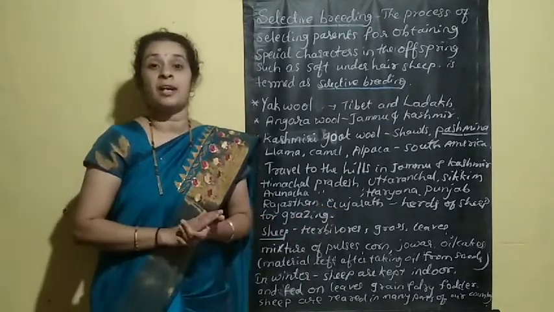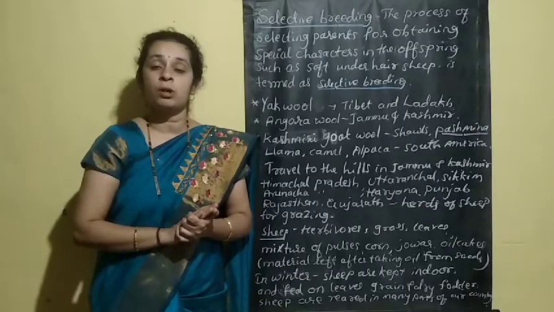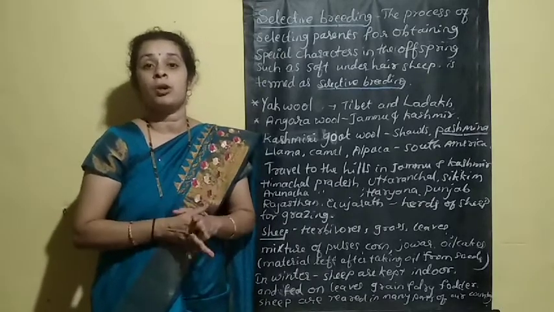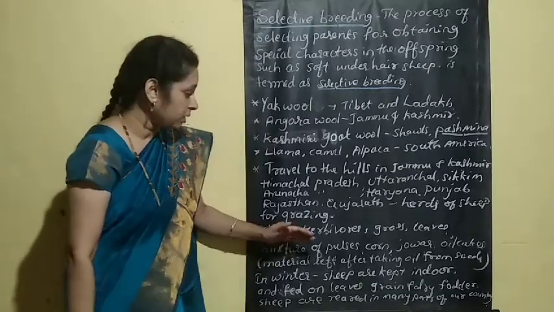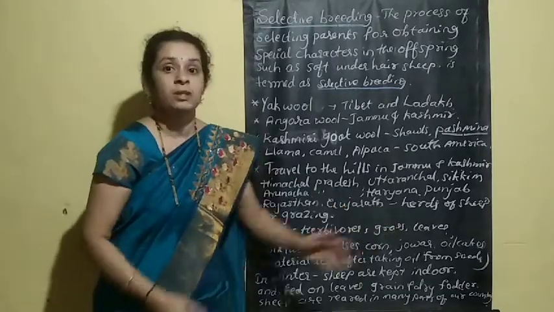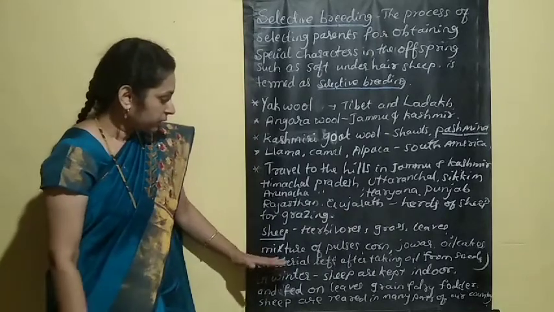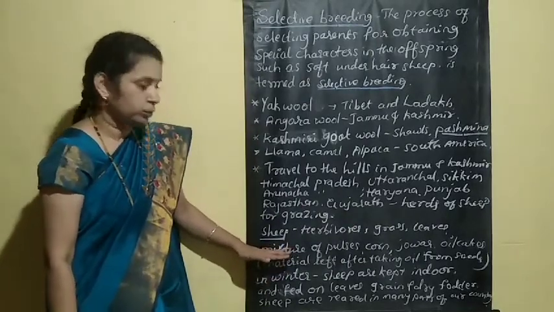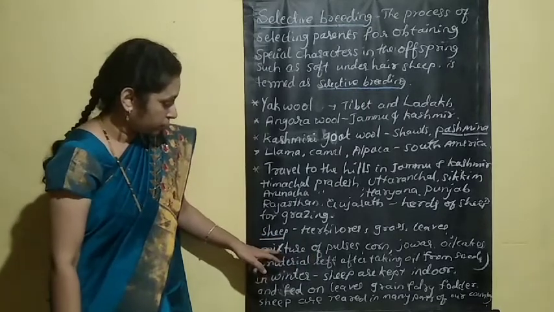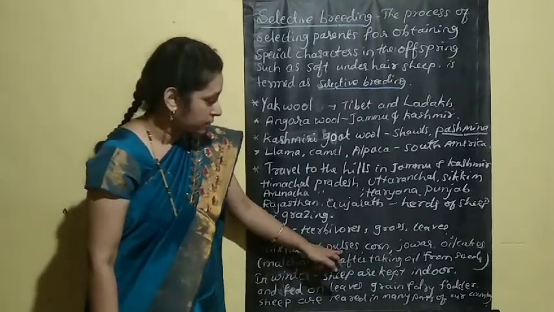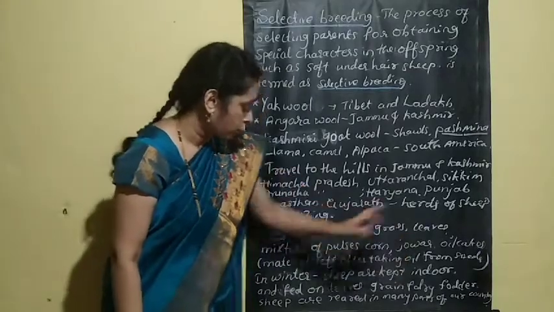Usually these sheep are herbivores. Herbivores means they depend on plant sources for their food. They depend on grass, leaves, etc. And they also use red sheep feed. For this, the farmers will give a mixture of pulses, corn, jowar, and oil cakes.